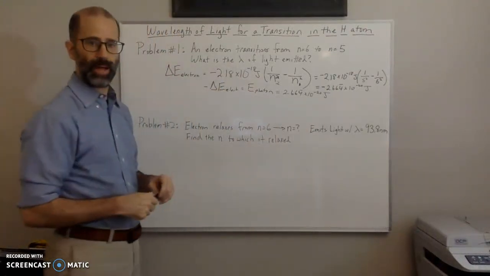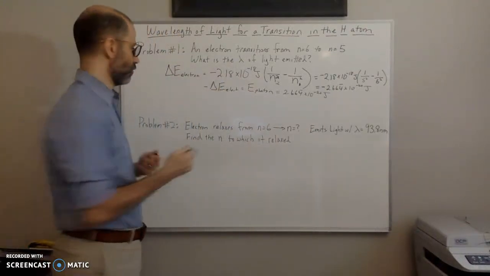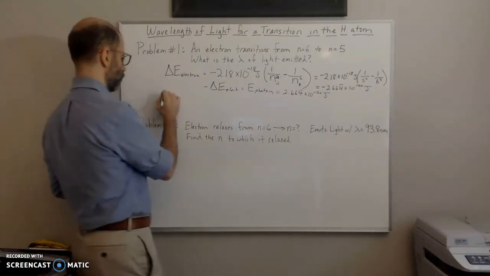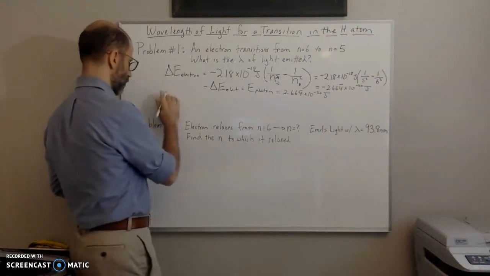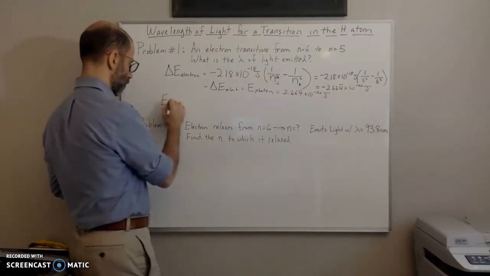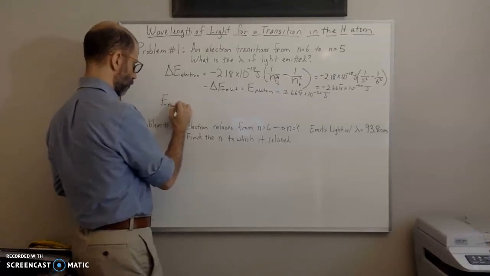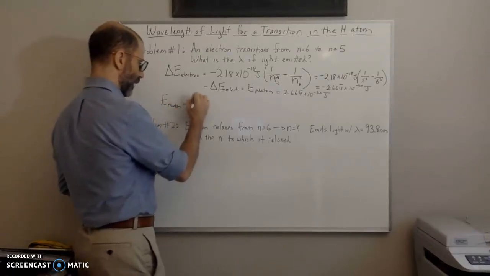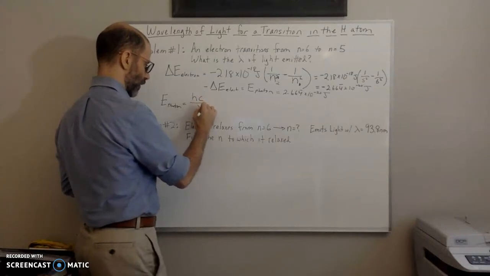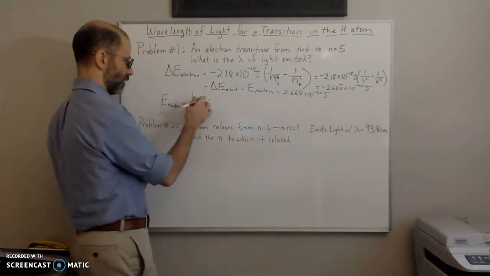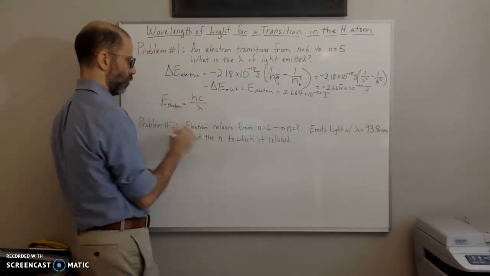So we have to go back to the equation that we've used before. The energy of the photon is equal to hc over lambda, so Planck's constant times speed of light divided by wavelength.